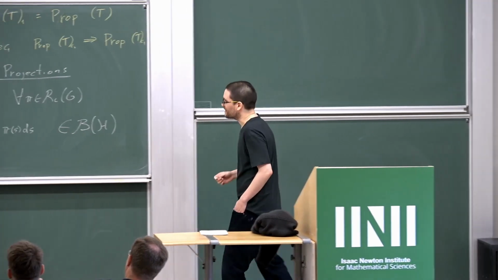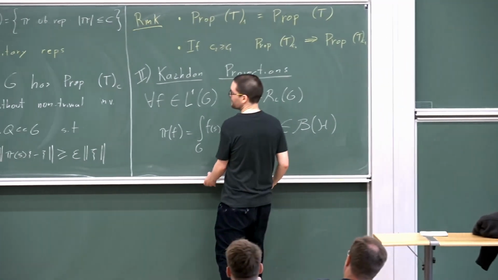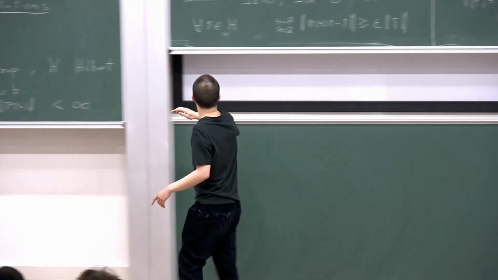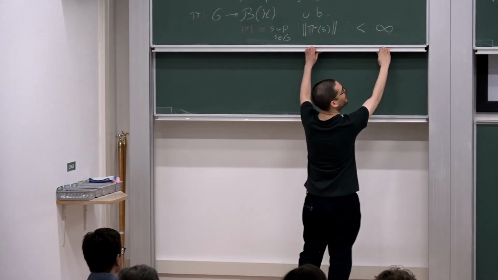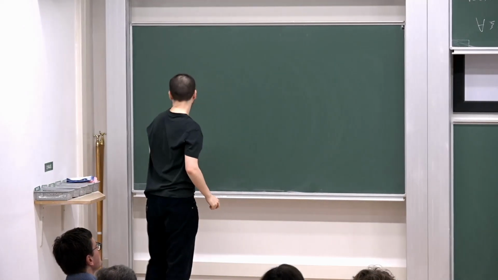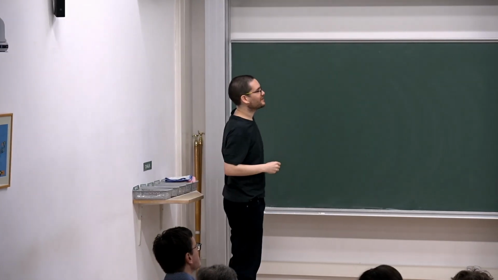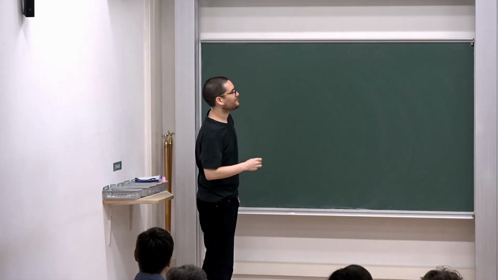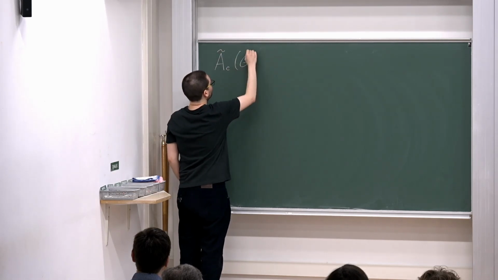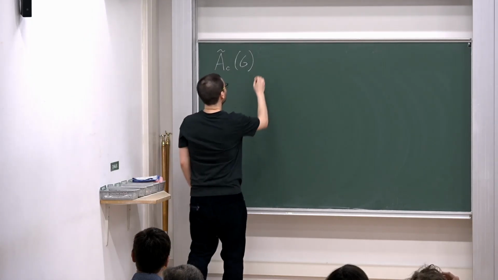Okay, and so doing that, I can define something analogous to the group C-star algebra. So I'm going to define A tilde C of G. This is PCS notation, that's why I use it.